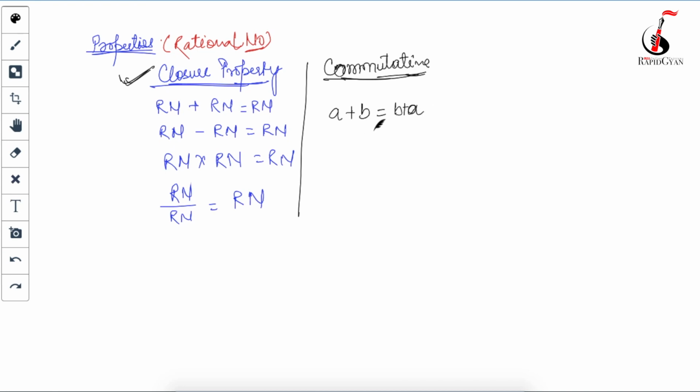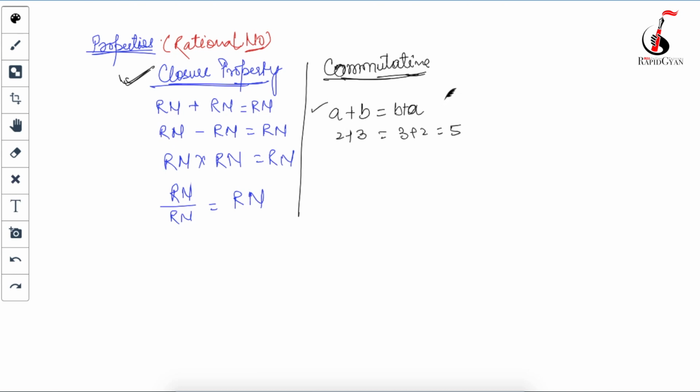I have just changed the position of a and b, and my answer is not different. For example, beta, 2 plus 3 or 3 plus 2, both give me the same answer, correct?